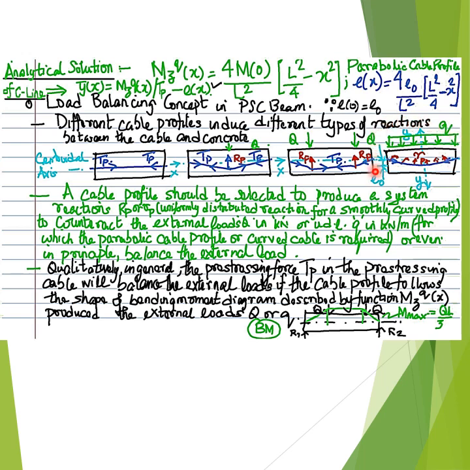While the curved or the parabolic cable profile presented in this figure produces a system of reactions between the cable and the concrete consisting of a uniformly distributed reaction denoted as small r subscript p that should in theory counteract or even balance an externally applied uniformly distributed load small q.